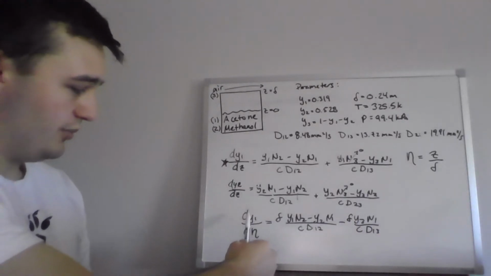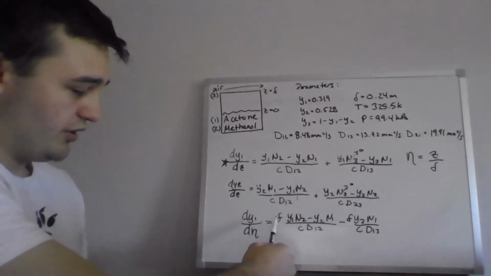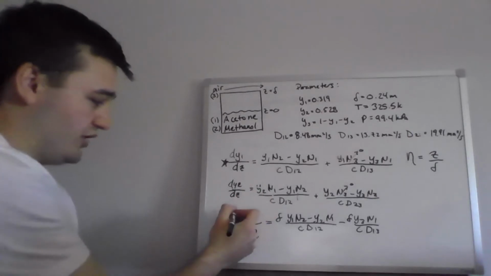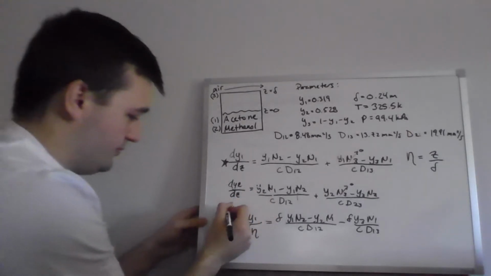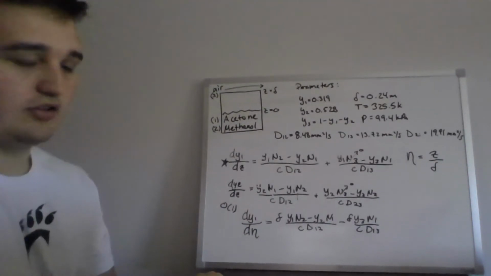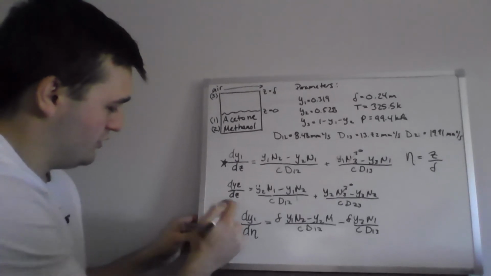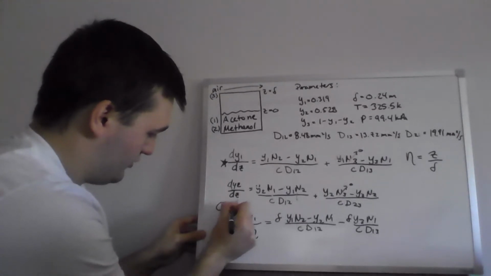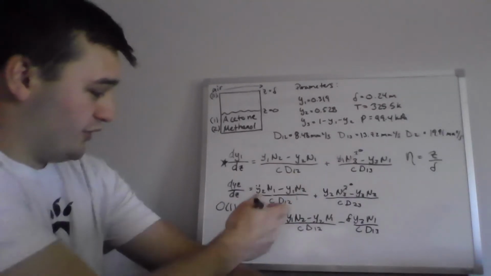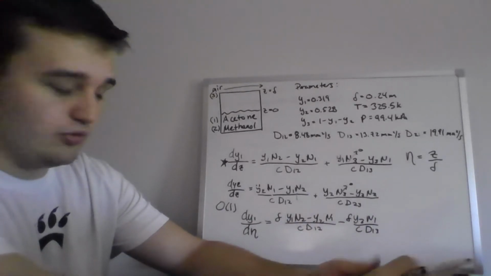Therefore, the change in mole fraction of 1 with respect to eta is going to be an order of magnitude 1. An order of magnitude 1 is that notation, a big O. So this left side will be an order of magnitude of 1. In order for these to be equivalent, this right side of the equation also needs to be an order of magnitude 1.